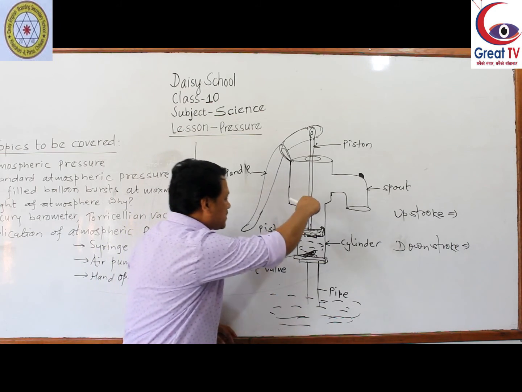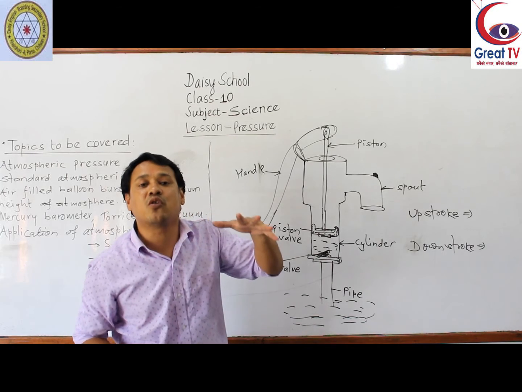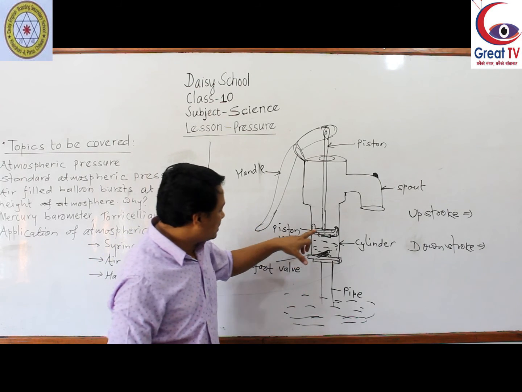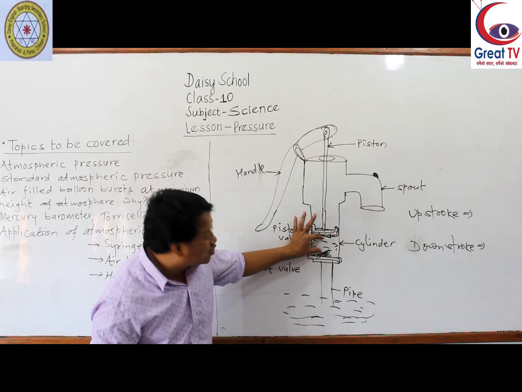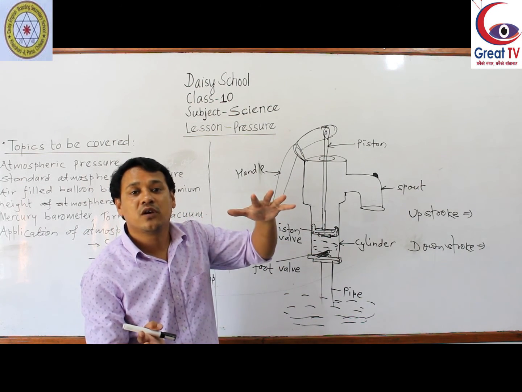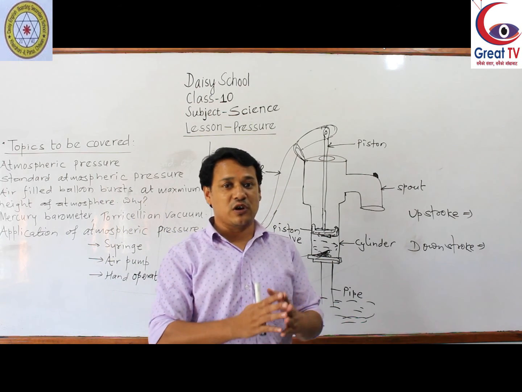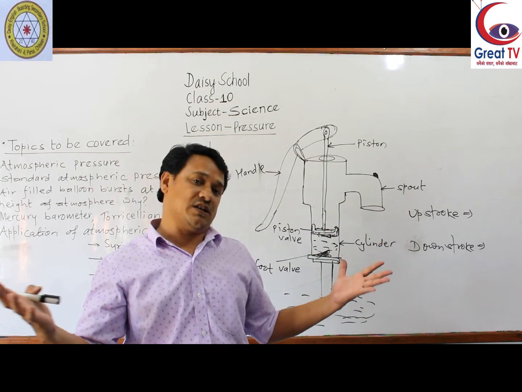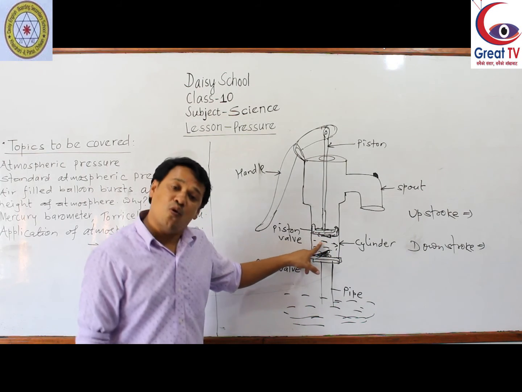When the piston moves downward, will the gap between the foot valve and piston valve be less or more? Surely less. When the area is less, the pressure will be high. So at that time, pressure will be more in the cylinder.